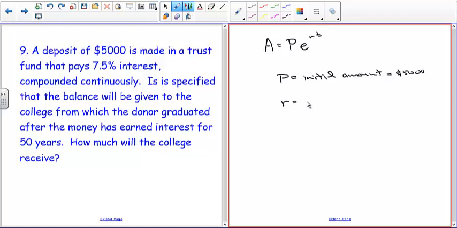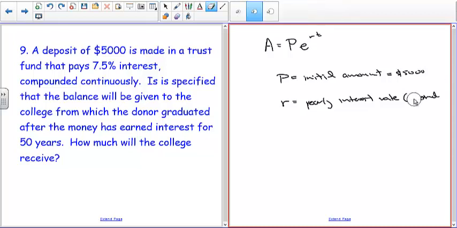R is the yearly interest rate, and that's in decimal. So we use the decimal form, not the percent form. They tell us it's 7.5%, but the decimal equivalent is 0.075.